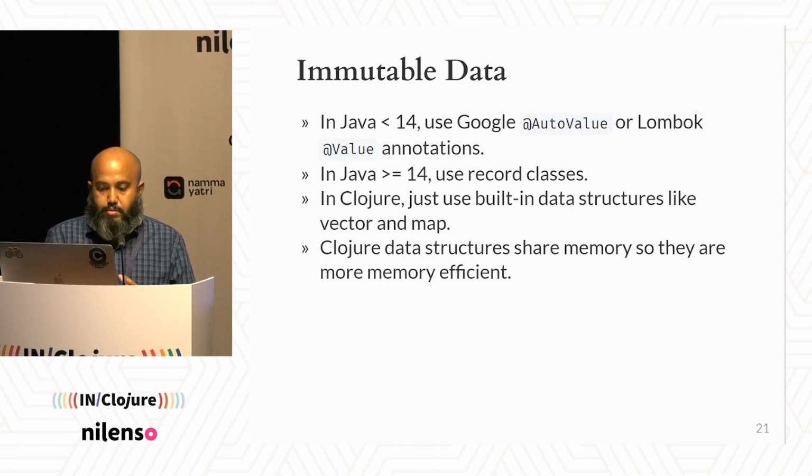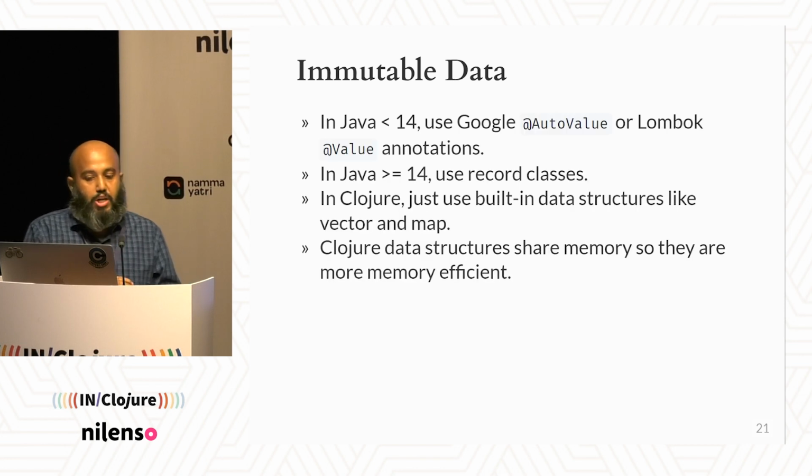Let me give some examples. In Java versions earlier than 14, you would use the AutoValue or Lombok libraries to create immutable data structures. After Java 14, they are built into Java. As I said, more and more languages are moving towards immutable data structures.